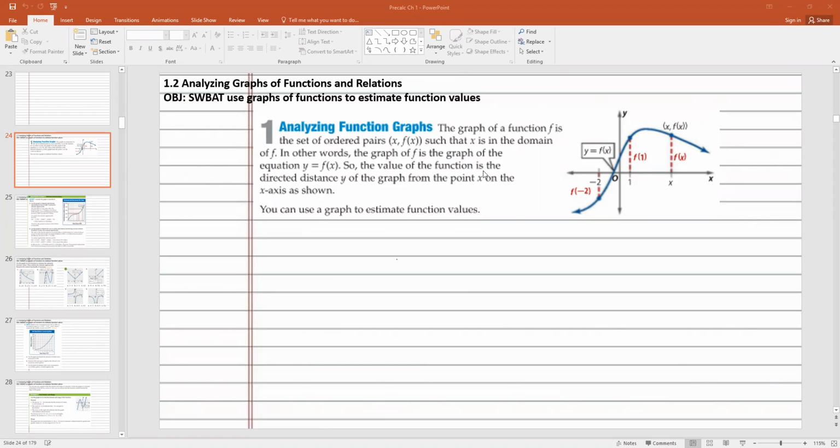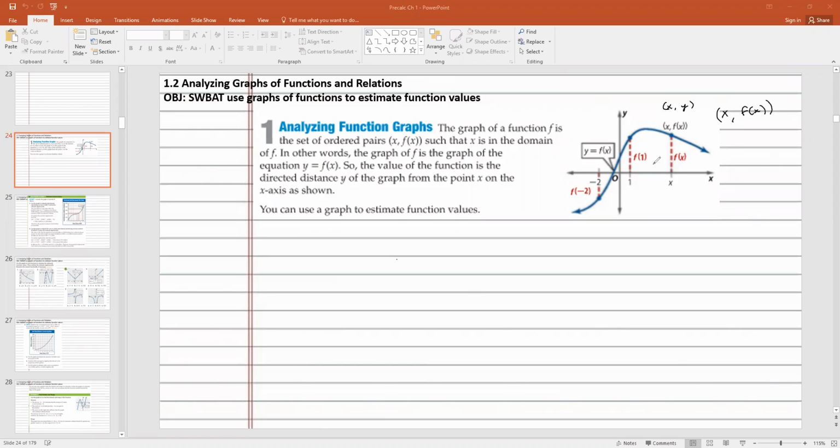Here, we're going to be given this graph, the graph of a function. And remember, each point is x comma y. But with functions, they write it as x comma f of x, because remember the f of x and the y are interchangeable there.